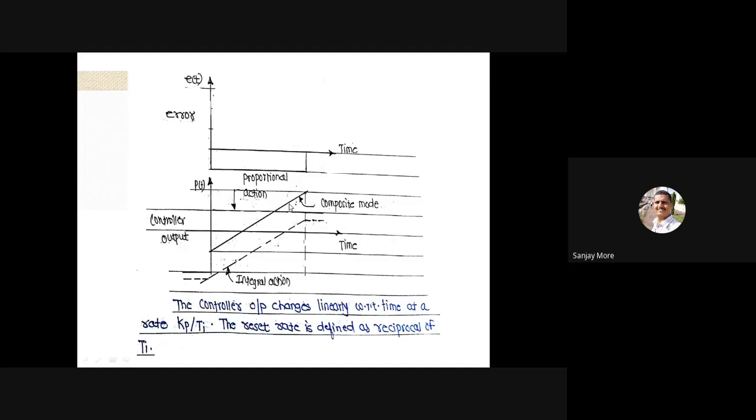This is composite mode, this is proportional mode, and this is integral mode. This is integral action, this is proportional action, and in between proportional and integral, the composite mode will be there. Okay, so draw these two graphs.